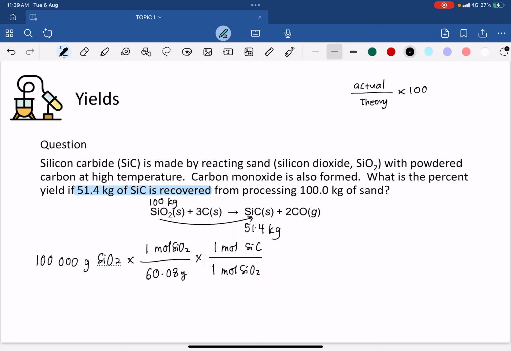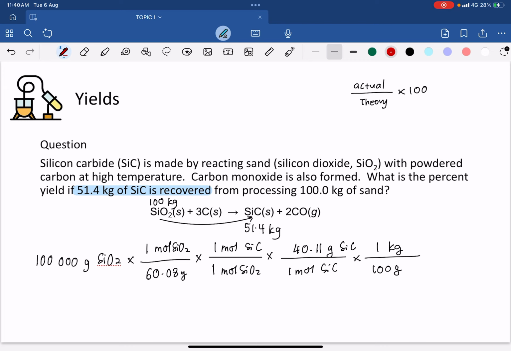But that's not what we want to know. We want to know the mass. So 1 mole of silica carbide corresponds to 40.11 grams of silica carbide. But again, we want the answer in kg because our actual yield is in kg. So 1000 grams is equivalent to 1 kg.